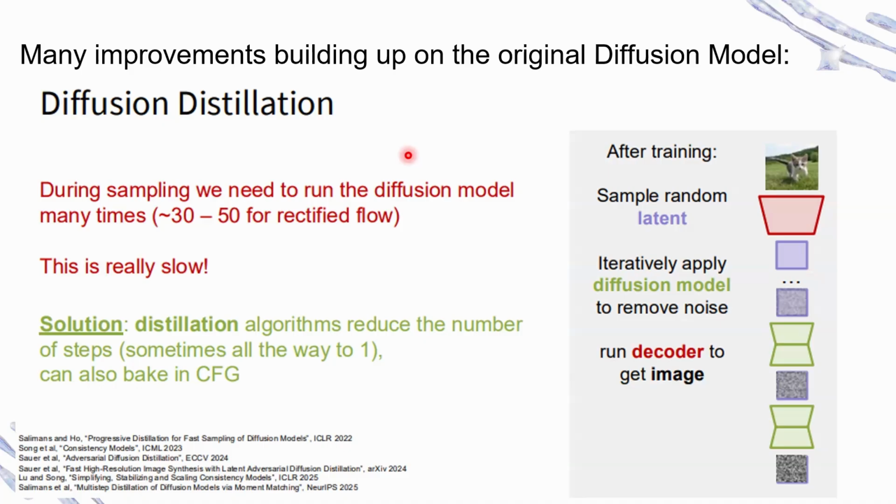When we apply that idea to image diffusion, during sampling we need to run the diffusion models many times, so this is rather slow. Instead, we will train a student model to mimic a multi-step teacher, and the student will generate samples in fewer steps than the original teacher model.